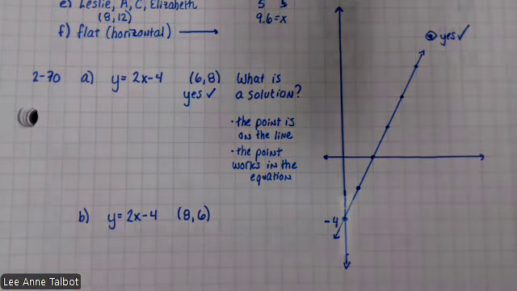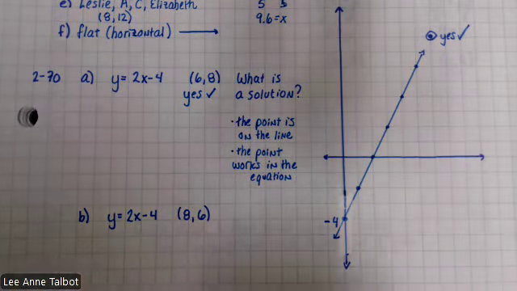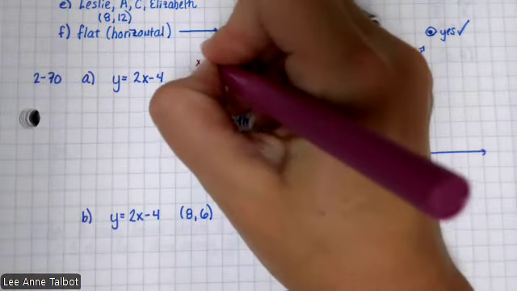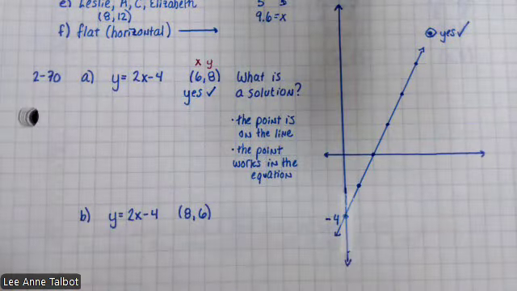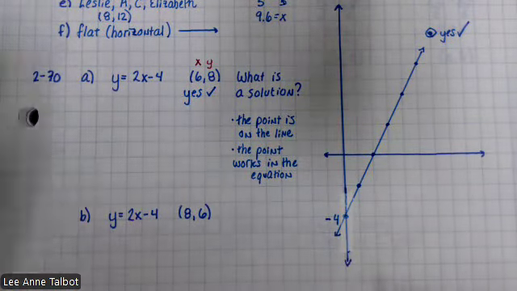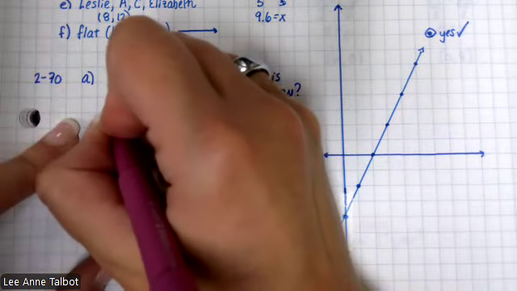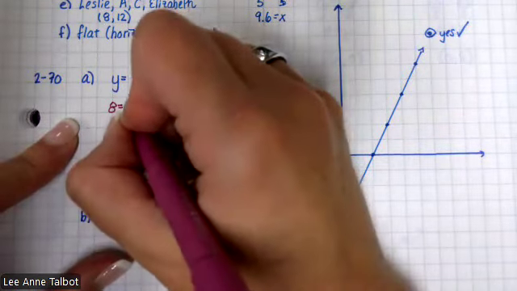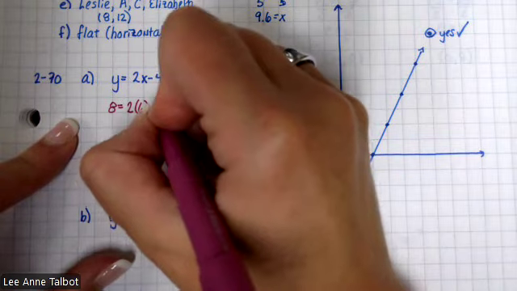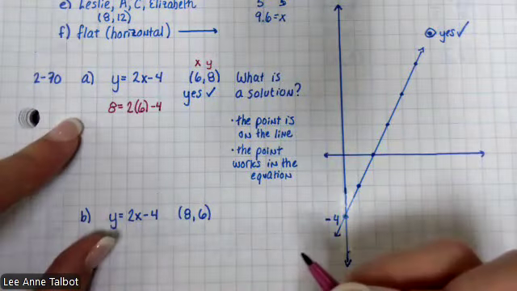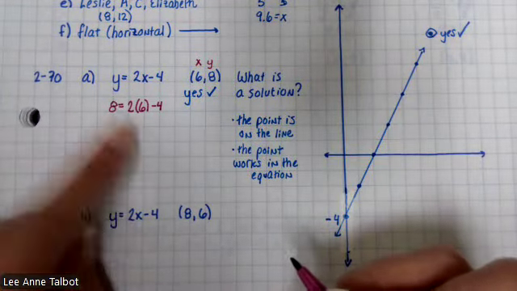Okay, but what I'm going to do next is show that it's on the line algebraically. And I'm going to label this as an XY coordinate. And I'm going to put the 8 in the Y spot. And 6 in the X spot.